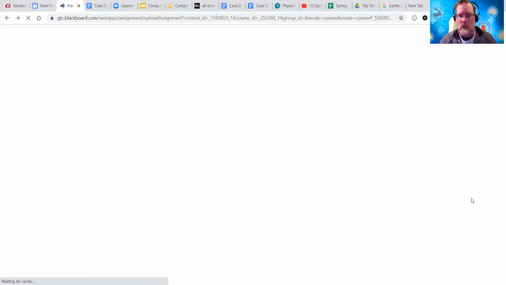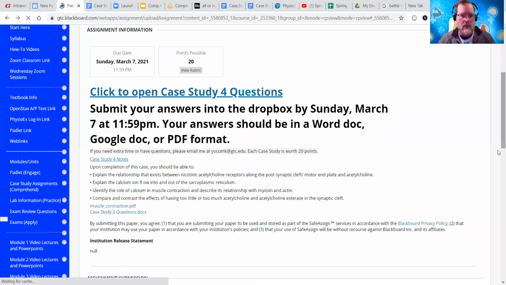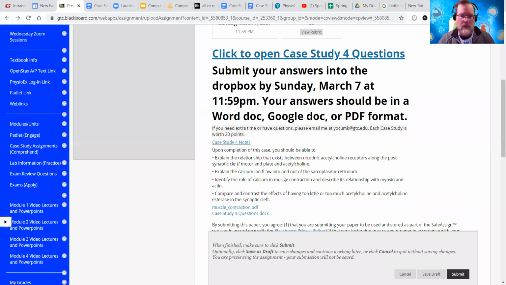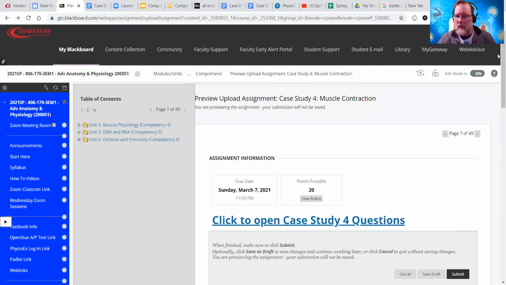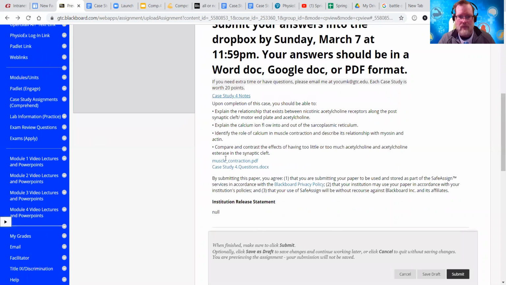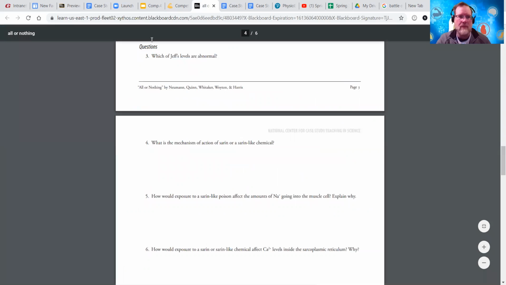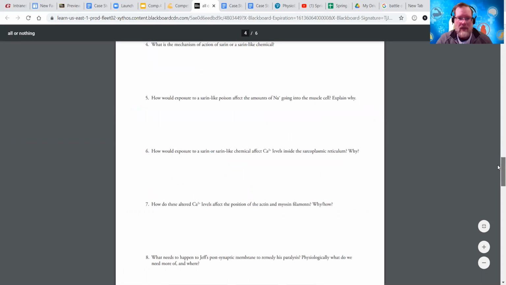Definitely going to want to use those notes to do this particular case study. And then if you scroll down a little further, muscle contraction PDF, that's going to be the actual case study. That's what we're reading right here. So anyway, those notes will help you answer these questions.